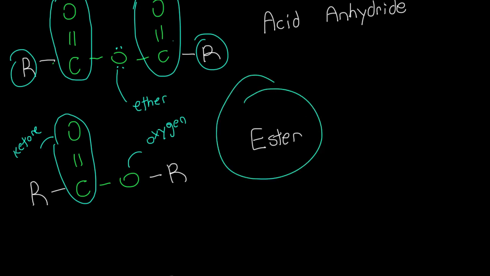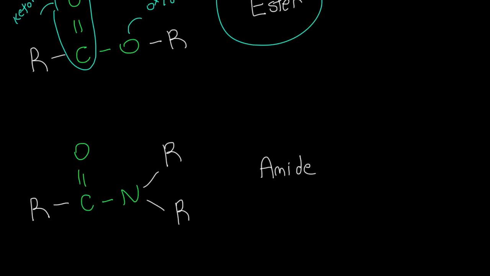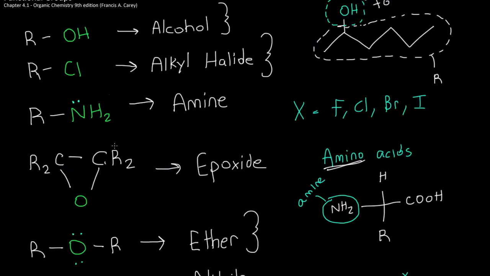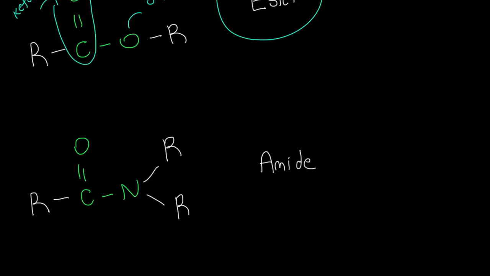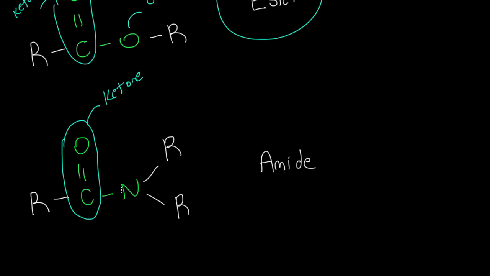And moving down to the last one, we have an amide. We don't want to get this confused with the one we saw before, which is an amine. It does get a little bit confusing. So don't memorize this if you don't have to, because you're going to start getting confused. And you're going to use the word amide instead of amine, like the one we saw above when I gave you guys the amino acid example. You really don't want to get that confused with the amide. So if you don't need to memorize it, don't look at it. But in this case, we obviously have our ketone group, which is actually a carbonyl group, because this can technically be a hydrogen, but this is getting into detail.